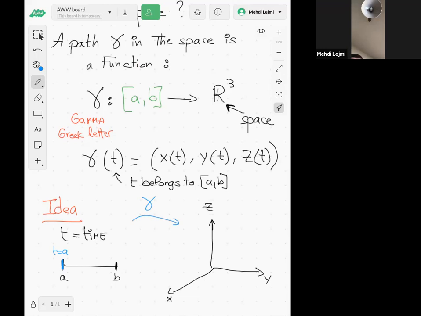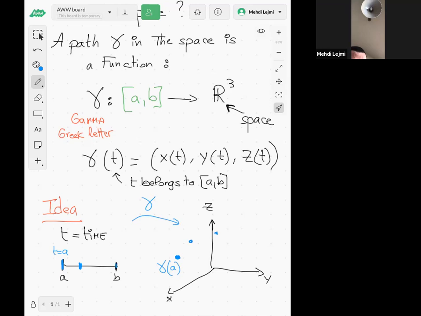Using gamma, you associate to the time t equals a some point in this space. This is the image of a, so this is gamma of a. Then you have another time t somewhere between a and b, and you associate to this point in the interval AB another point in the space, etc.